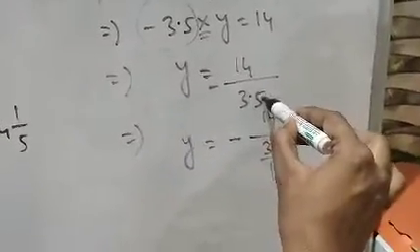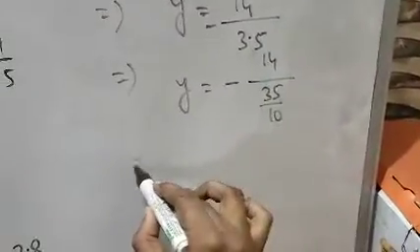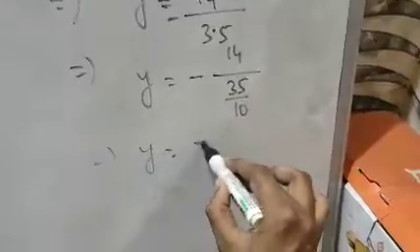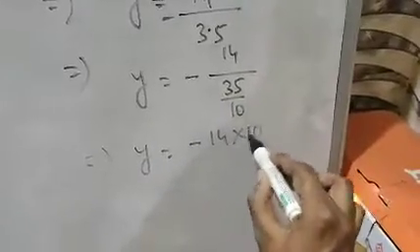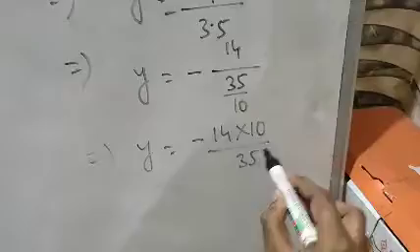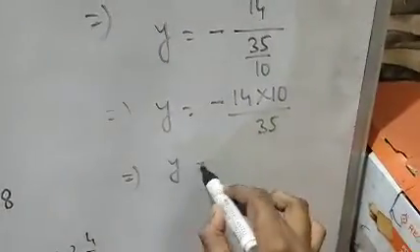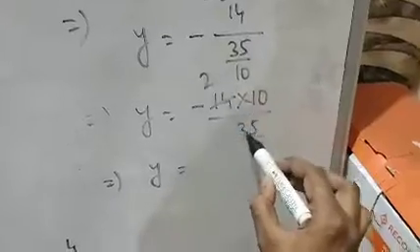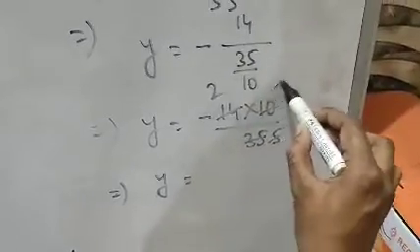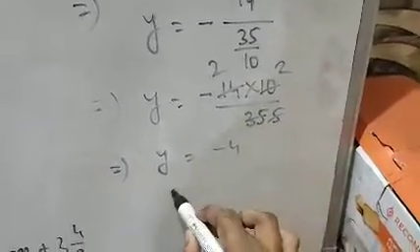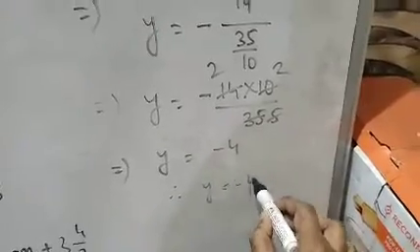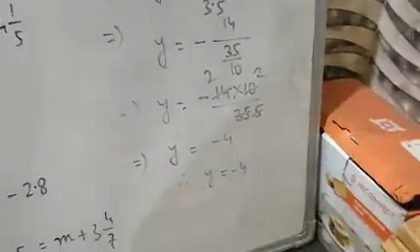After decimal there is a single digit, so there will be only 10. Reduce it with 7. 7 2s are 14, 7 5s are 35, 5 2s are 10. 2 2s are 4, so answer is minus 4.